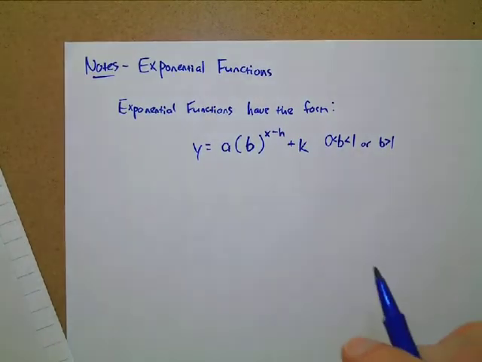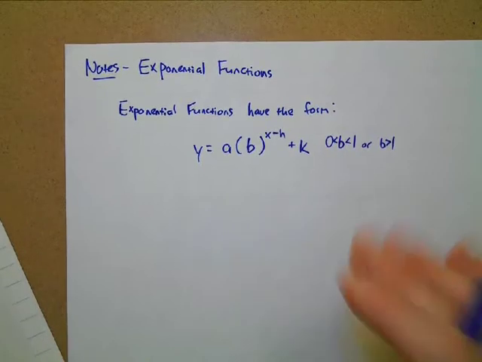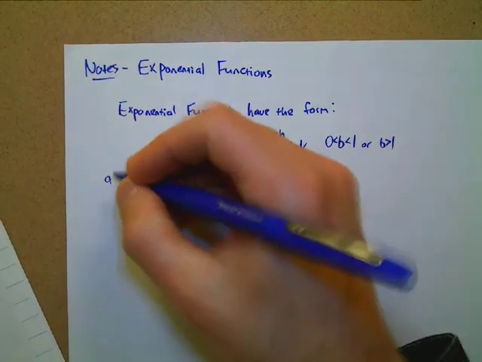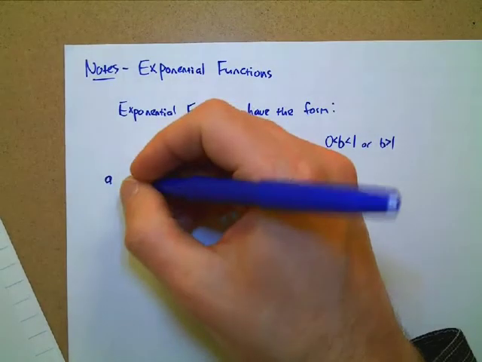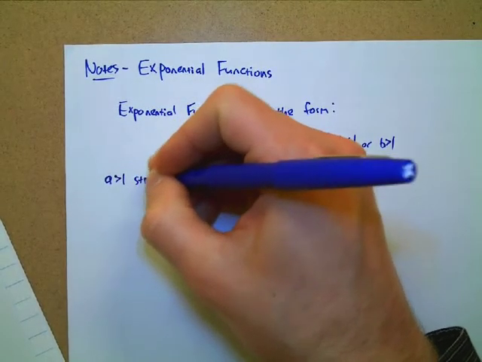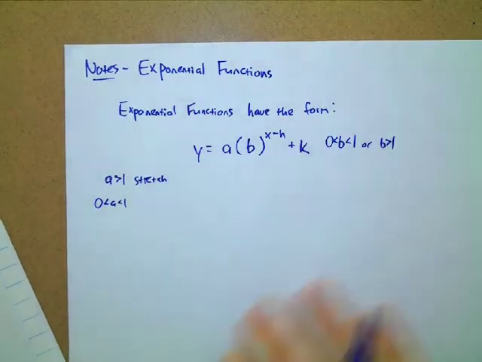Okay, so there's our graph. And so let's talk about some of these aspects here. So again, a is going to be a stretch or a shrink. So if a is greater than 1, we'll have a stretch. If a is between 0 and 1, that'll be a shrink.